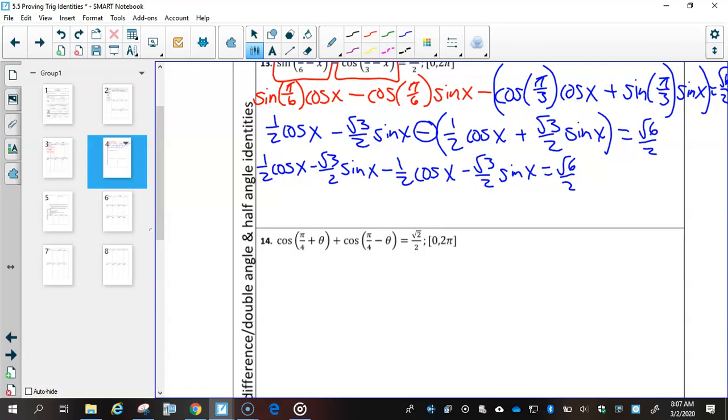If you are combining your like terms, what would be left? Yes, these would cancel. Now, you could simplify this and then multiply by the reciprocal or divide.